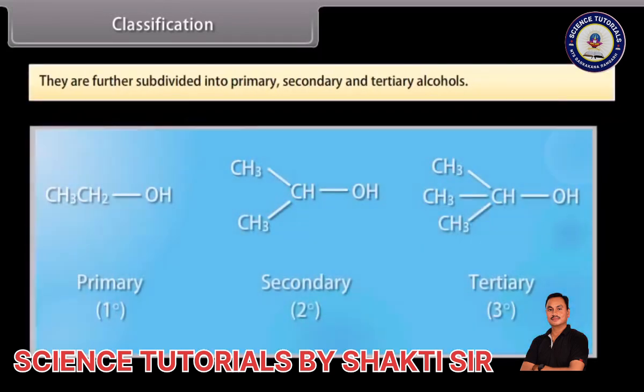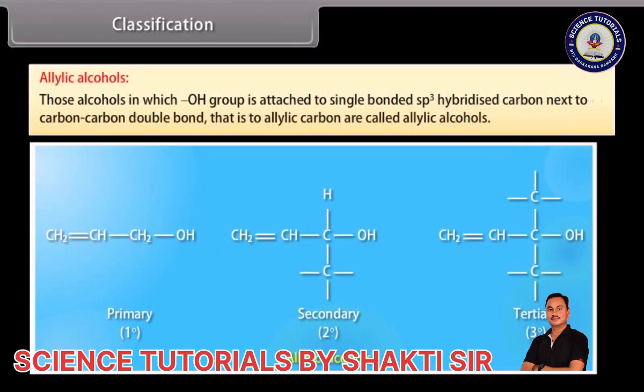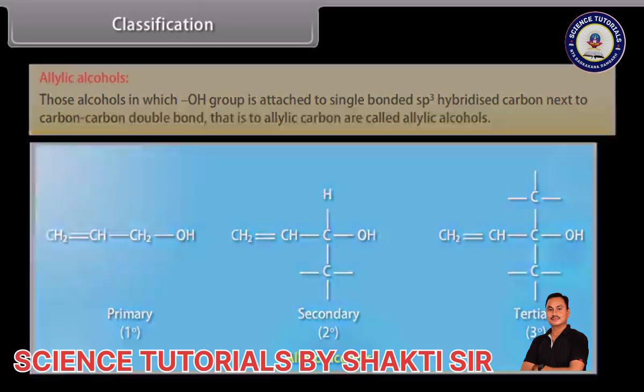They are further subdivided into primary, secondary and tertiary alcohols. Allylic alcohols. Those alcohols in which hydroxyl group is attached to single bonded sp3 hybridized carbon next to carbon-carbon double bond, that is, to allylic carbon, are called allylic alcohols.